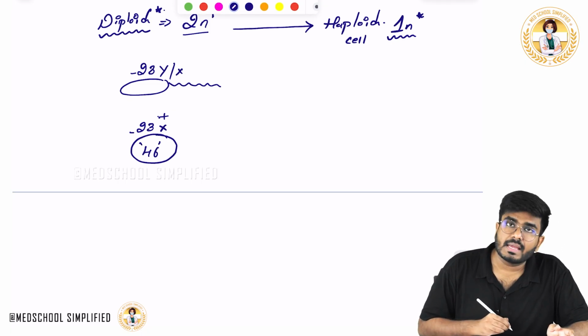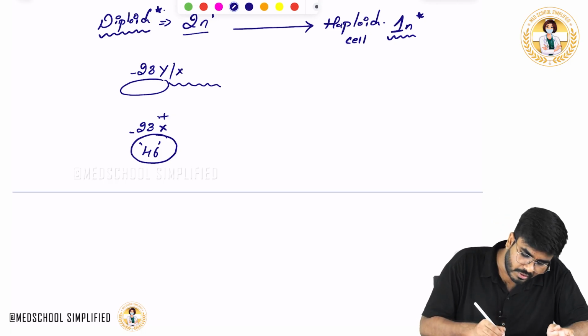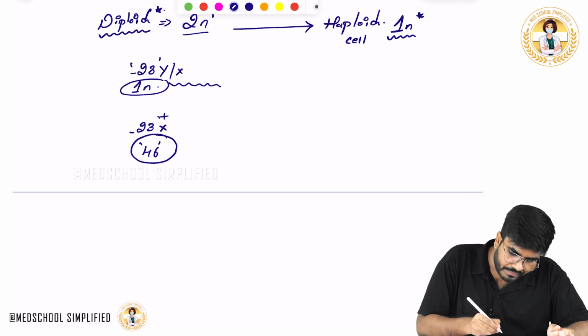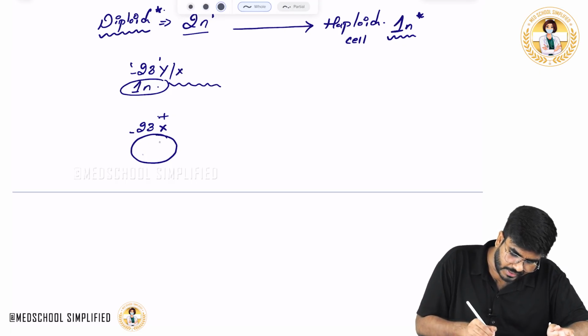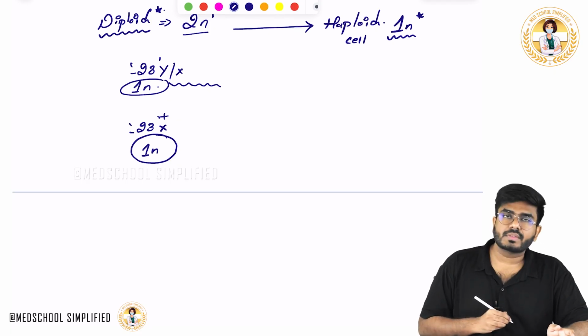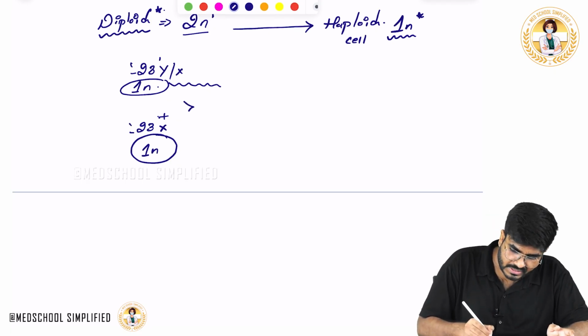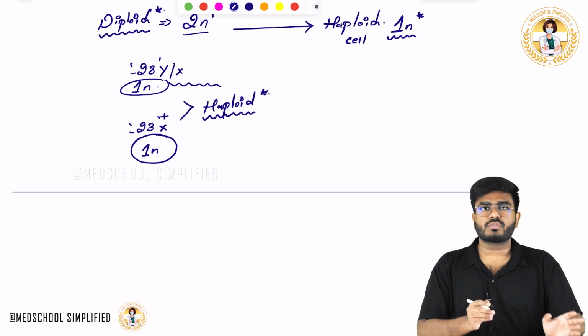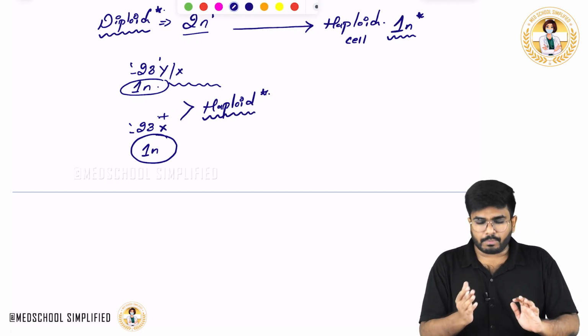But by themselves, sperms have only 23 chromosomes, so they are 1n. And in the beginning, the oocytes also have only one set of chromosomes, 23, so they are haploid cells. Our germ cells are haploid. That's what I want you to know: what is diploid and what is haploid.